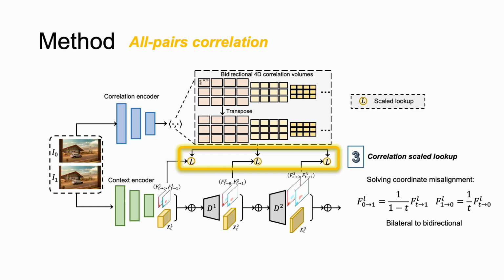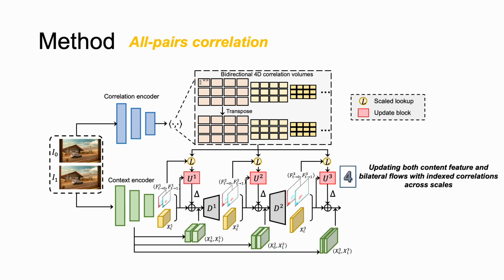A straightforward solution to this problem is transferring bilateral flows to bidirectional ones through a simple scaling. Then we update both content features and bilateral flows with indexed correlations. Note that the lookup operation is conducted across scales.